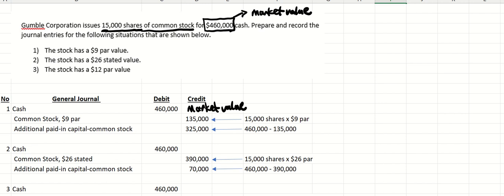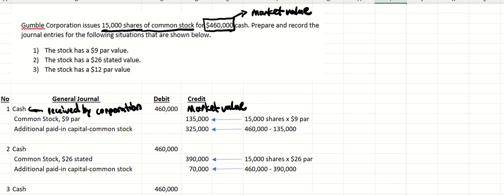This is how much the corporation is receiving. So let me put on here, received by corporation. Gumble Corporation is receiving this cash. So that's an increase in capital for Gumble. Gumble can use that cash, hopefully, for acquiring more resources to help grow the business.